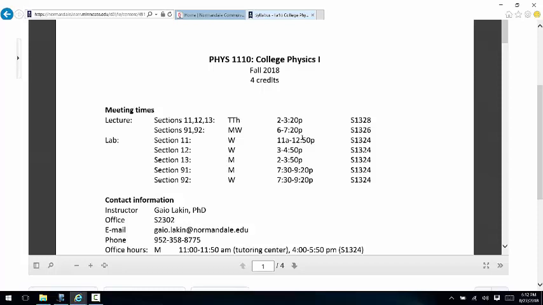We don't usually have trouble with space or anything. So, for example, in the night class, say you're in section 91 and you can't make it to your lab, most people in the night class would just come to the Wednesday one or the Monday one. But if it ever is the case that you can't make it to either of those, but you can make it to one of the day class labs, feel free to go to any of those instead.